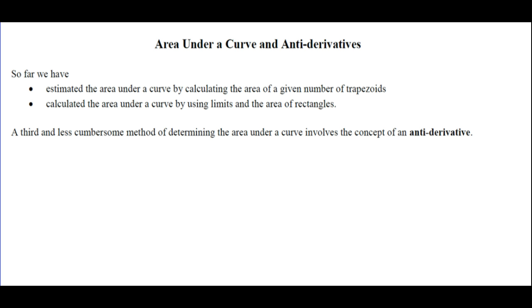And we have calculated the area under a curve by using limits and the area of rectangles, which we discovered was a rather complicated process. A third and less cumbersome method of determining the area under a curve involves the concept of an antiderivative.